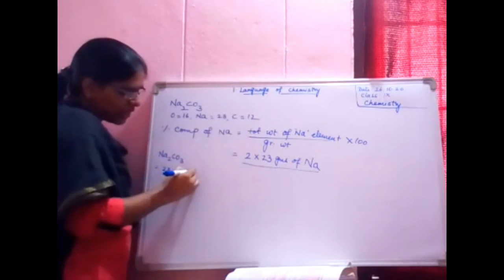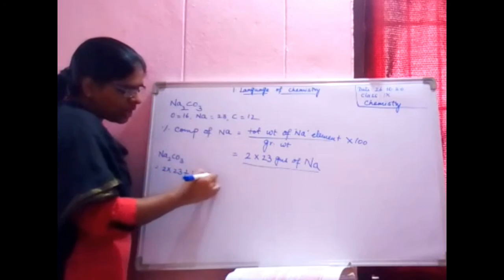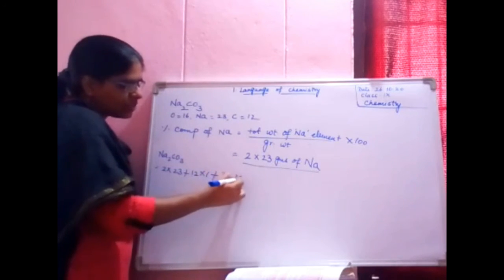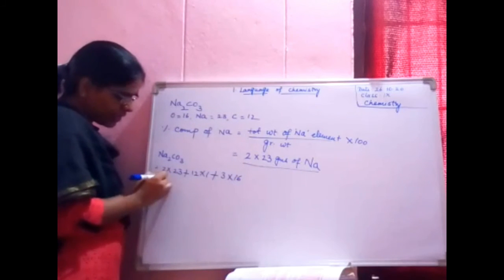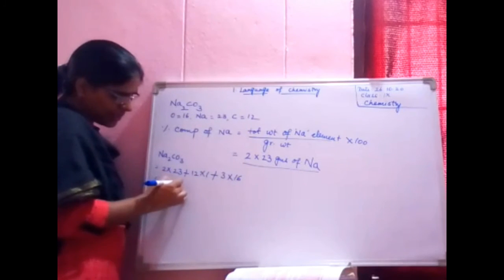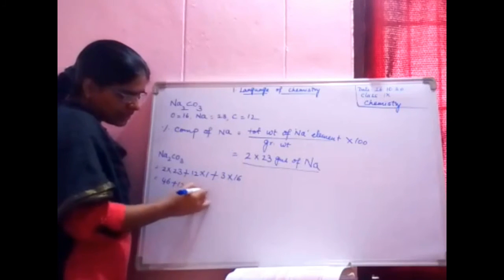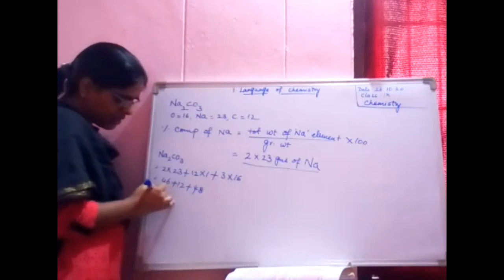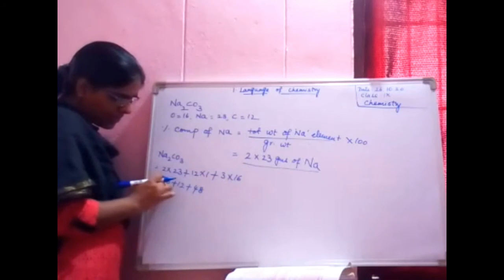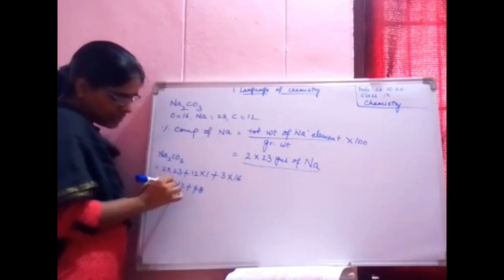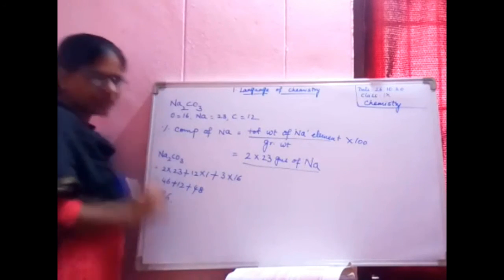Carbon is 12, 12 into 1, plus, how many oxygens? 3. 3 into 16. 2 into 23 is 46, plus 12, plus 16 threes is 48. 8 plus 2 is 10, plus 6 is 16. 4, 4, 8. 8 plus 1 is 9, plus 1, 106.